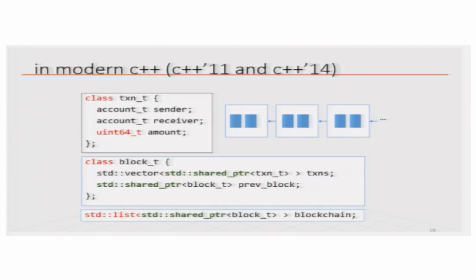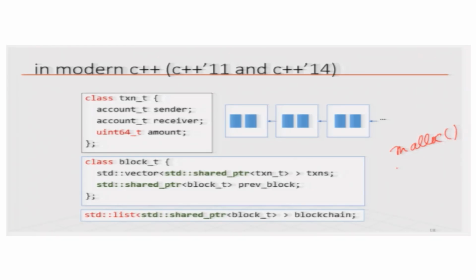Now, another thing that modern C++ gives you is pointer management. Those of you who know C++ know that pointer management is a big headache. For example, if you define a pointer and then you allocate some memory to be pointed to by that pointer, like using a malloc or a function or a new in case of C++, then your pointer is now pointing to a chunk of memory depending on what you have put here as size and everything.